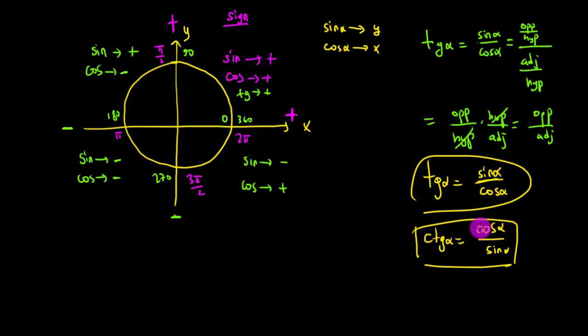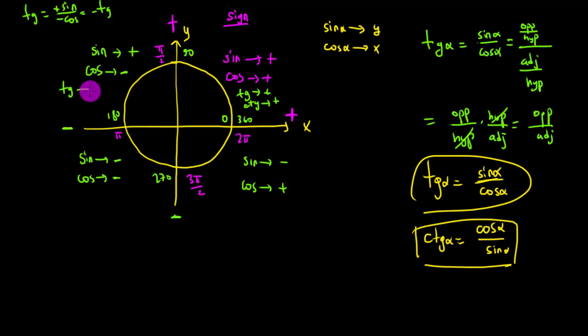The same thing: plus cosine divided by plus sine, so cotangent would also be plus. Here, plus sine divided by minus cosine, so tangent is minus. Here you have minus sine divided by minus cosine, so you get plus tangent.